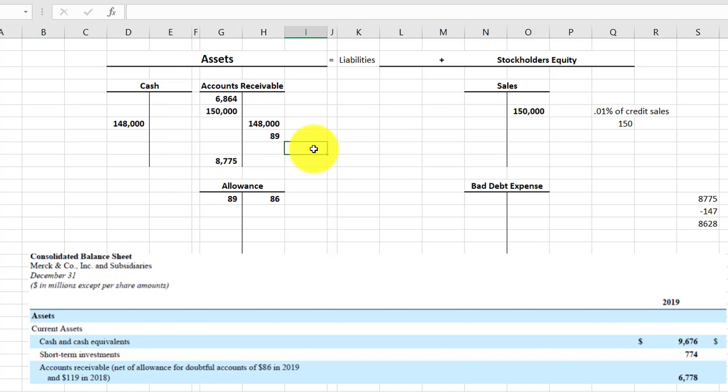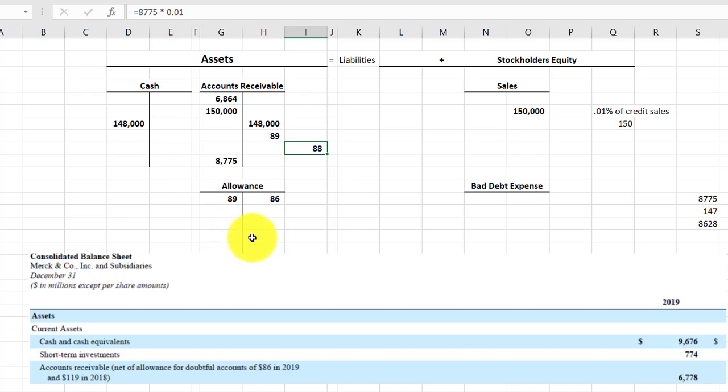And we're going to say, all right, we think that it is 1% of our accounts receivable. $88. Okay? So we think the allowance should be $88. But here we see that the allowance is actually 3 on the debit side.